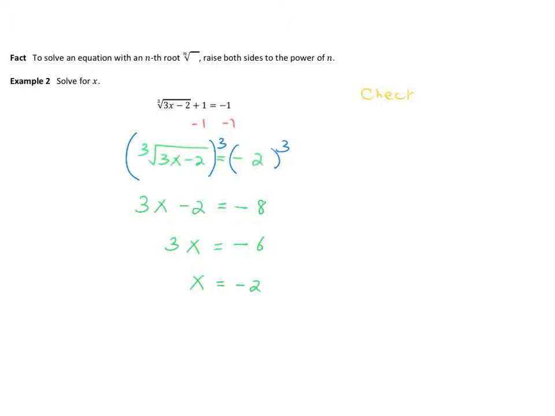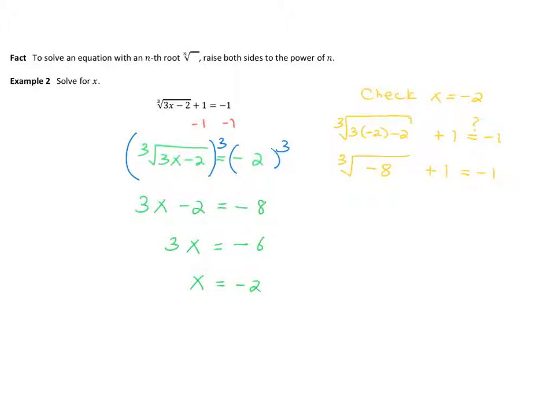In the original equation, the cube root of 3 times negative 2 minus 2, then plus 1, is that equal to negative 1? Is this a true statement? Underneath the cube root, we have negative 6 minus 2 more is negative 8. Then we have plus 1.